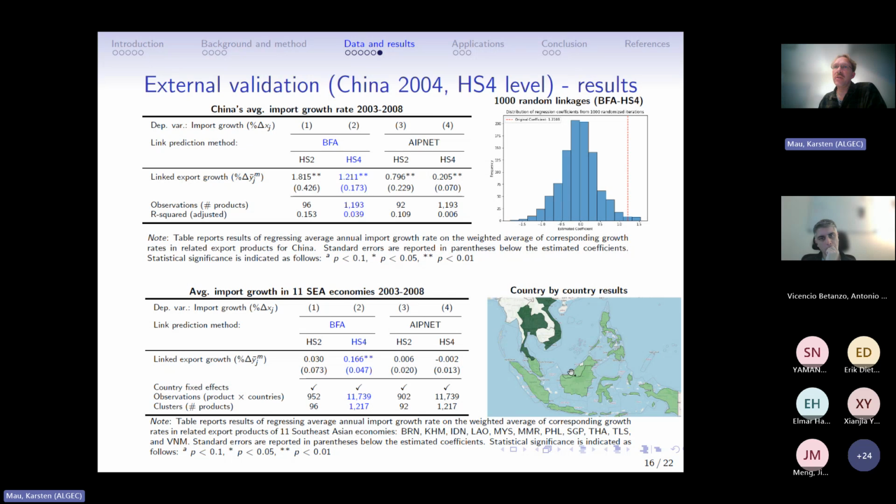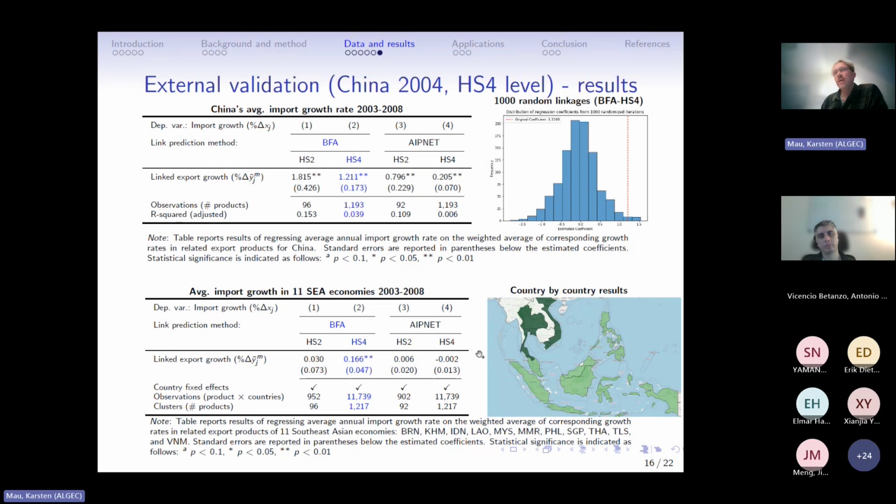And then there's a bunch of other countries like Indonesia, Malaysia, but also Timor-Leste, the Philippines, and so on, where it works less frequently, so it seems to be a bit more fragile. And for some countries like Myanmar, Cambodia, or Laos, it actually never works.